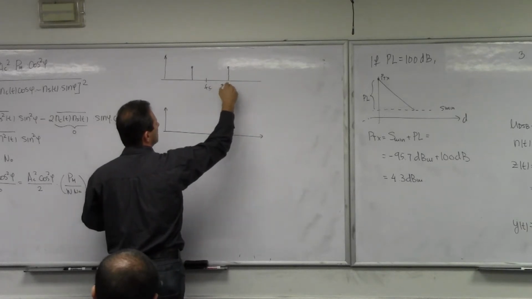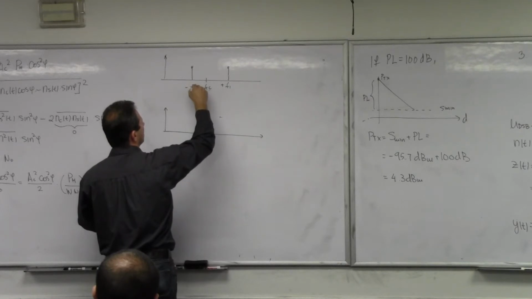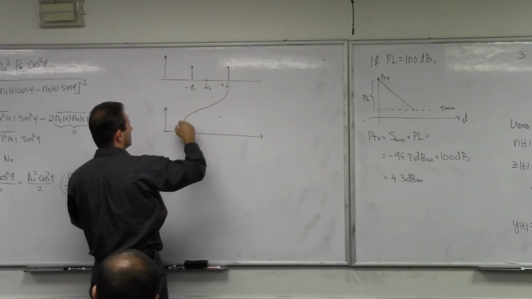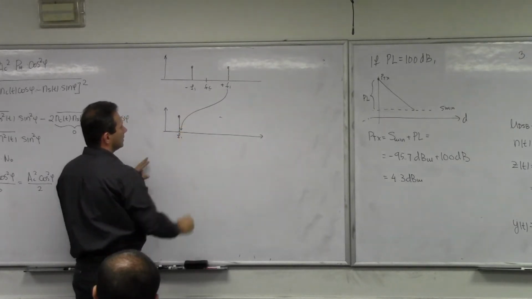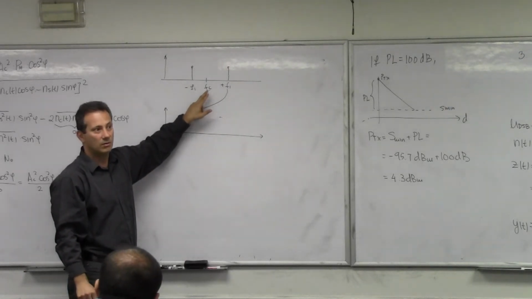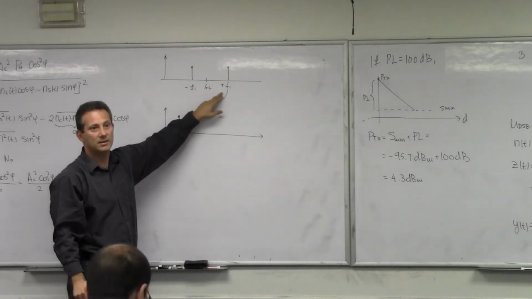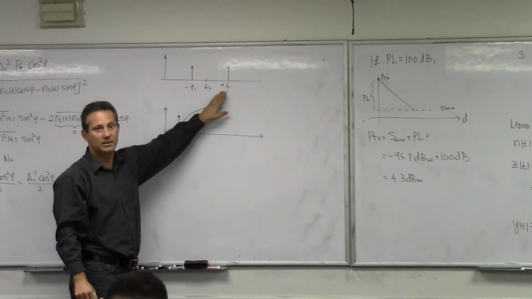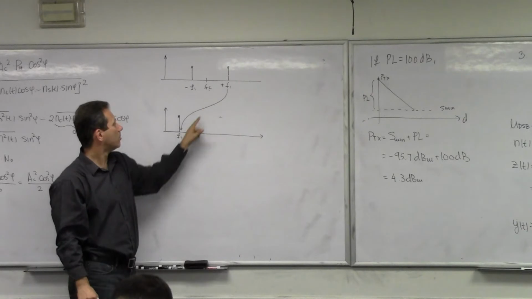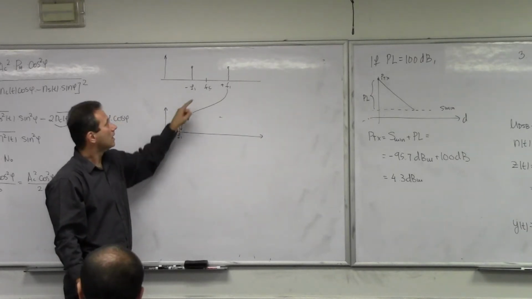So this is plus F, let's say F1, and this is minus F1. Where does this component travel? It gets mapped here, at F1. It's the difference. So cosine of 2 pi (Fc plus F1)t times cosine 2 pi Fc t will bring this component here. How about this one?